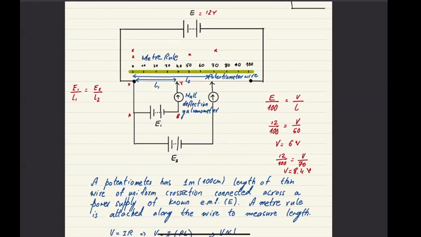The best thing about this circuit combination is that it gives you the EMF and not the terminal potential. That's because since you've found a zero deflection point, you know there must be no current flowing. And since there's no current flowing, there would be no potential drop across the internal resistance. So what you measure here is the actual EMF of the battery and not the terminal potential.